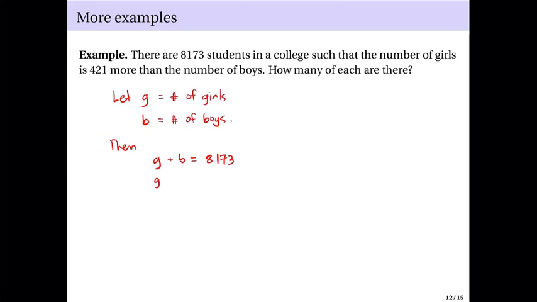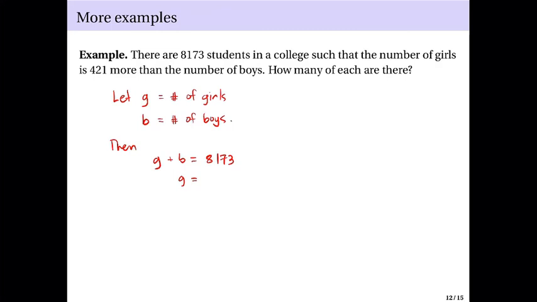So number of girls is, and then we have 421 more than the number of boys.